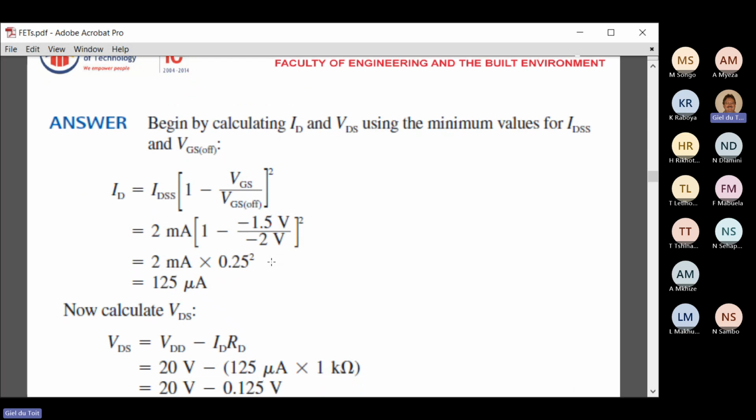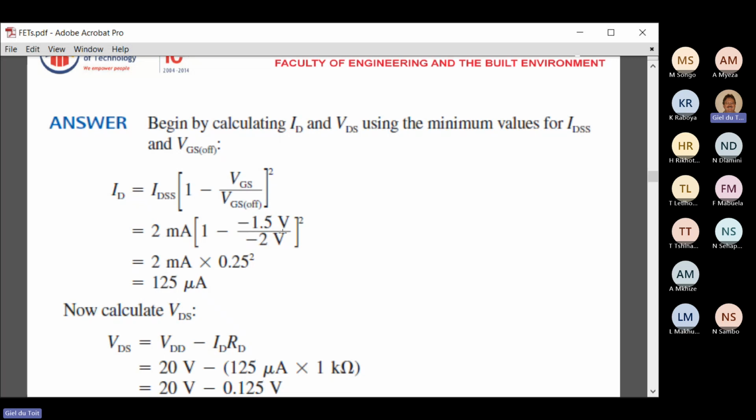Here's a calculation that also shows that. What we can do is begin calculating ID and VDS using the minimum values for the IDSS and the voltage on the gate source. So if we take 2 milliamp for IDSS, then we apply the formula above that we learned 10 minutes ago, and we put minus 1.4 volt on the gate, and in this case minus 2 volt, which we calculated because that 2 milliamp gave 2 volt there.